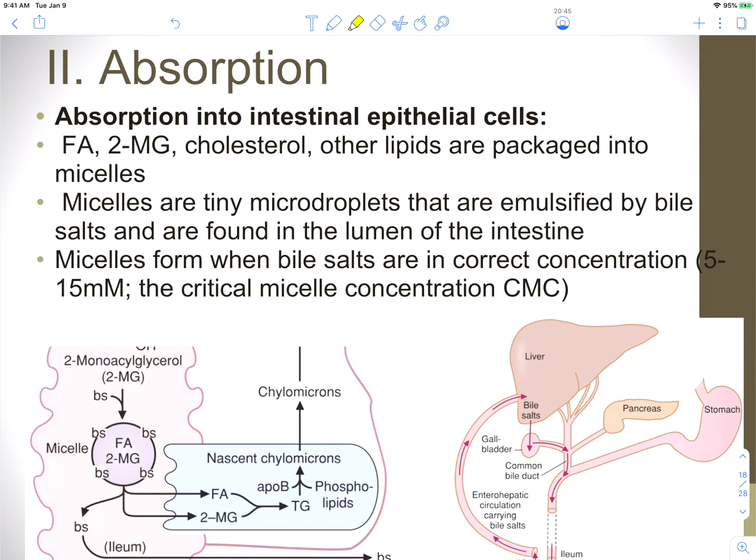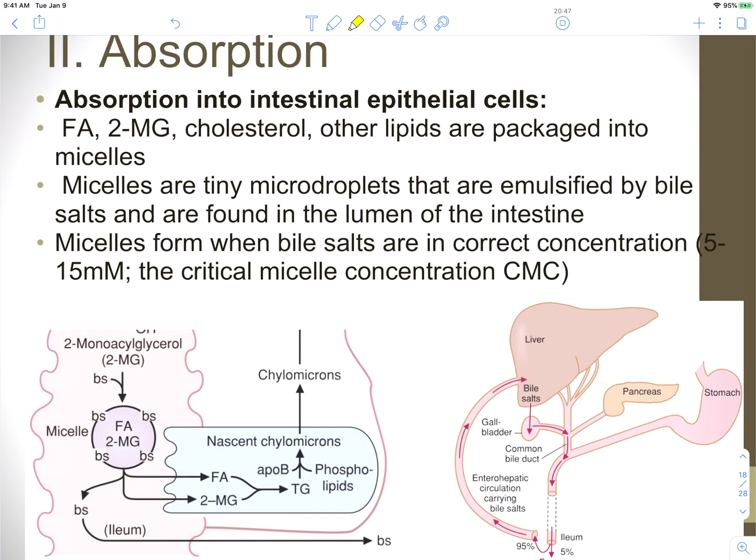So with respect to absorption, your gut epithelial cells can absorb free fatty acids. They can also absorb that 2-monoacylglycerol. And so what happens is you have micelles that form, which will be composed of those two forms of fatty acids that can be absorbed, as well as cholesterol and other lipids.